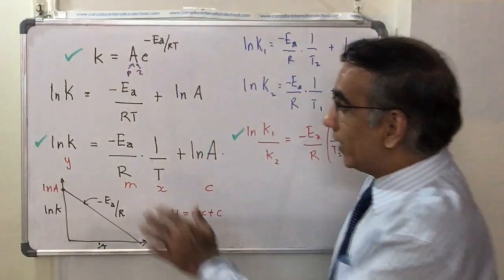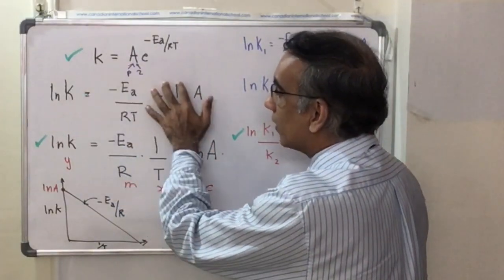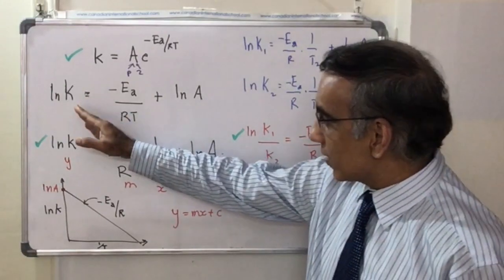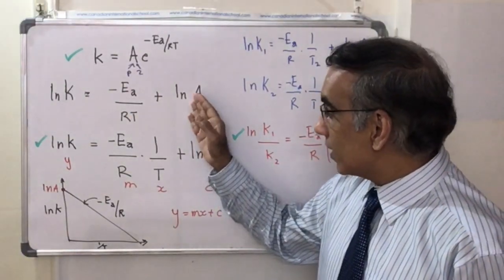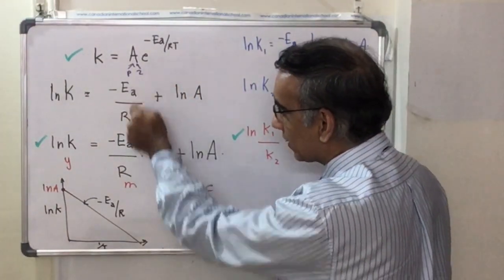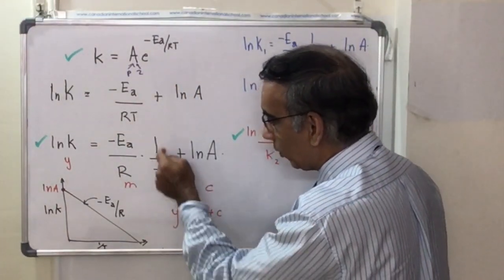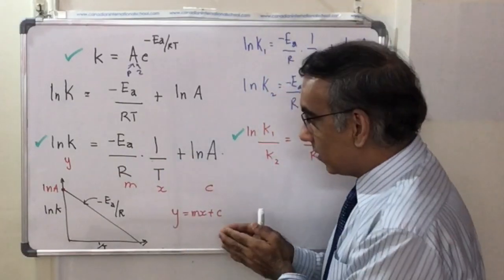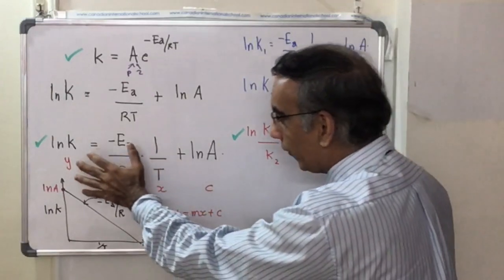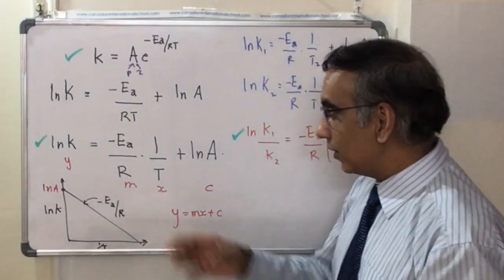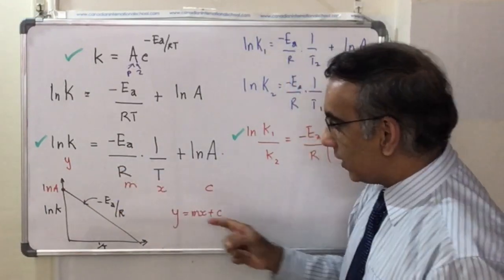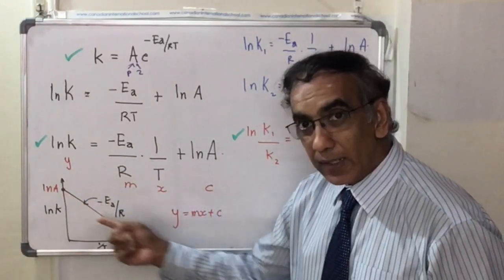And here we take the natural log of either side of this equation. And by doing that, we get this expression. Then this expression can be rearranged, taking out this T here and making it 1 over T. And what that does is it brings the Arrhenius equation into a form that can be easily related to the equation of a line y is equal to mx plus c, where m of course is the gradient.